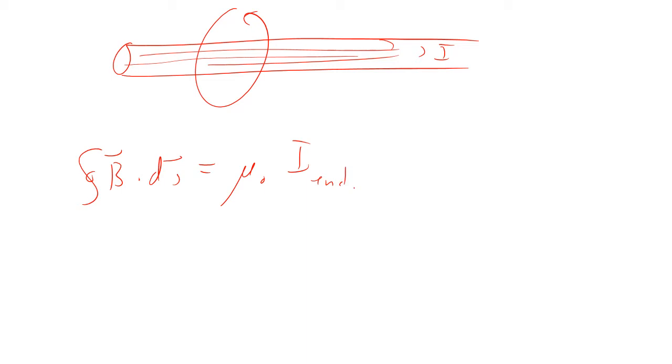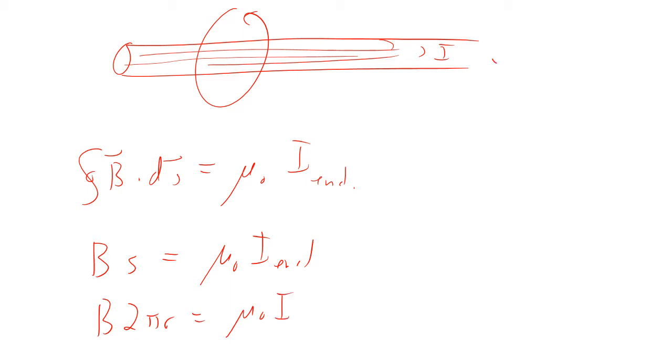The magnetic field is going to be constant, so this is just B times S, and that's mu naught I enclosed. So that's B times 2 pi r equals mu naught I, because the only I that's enclosed is the total I. And with a little bit of algebra, B equals mu naught I over 2 pi r.